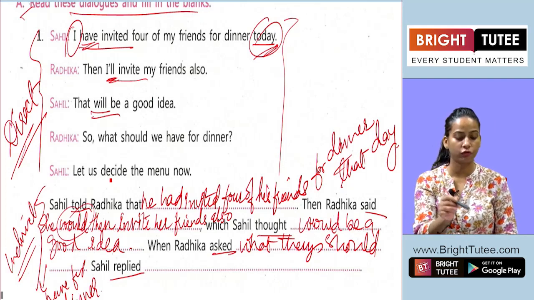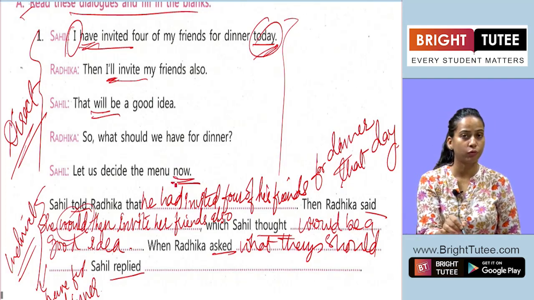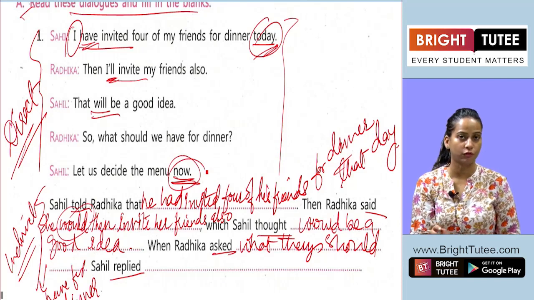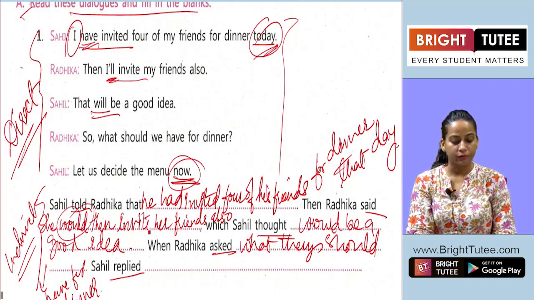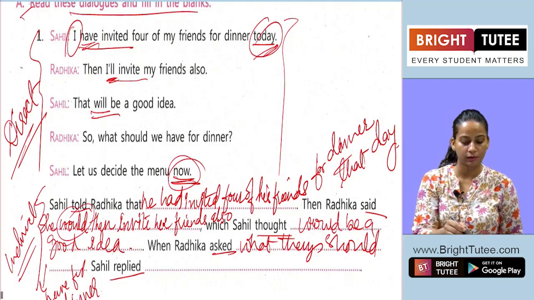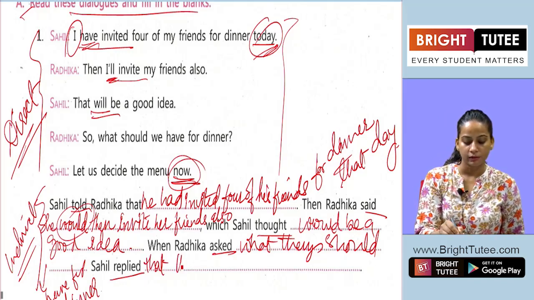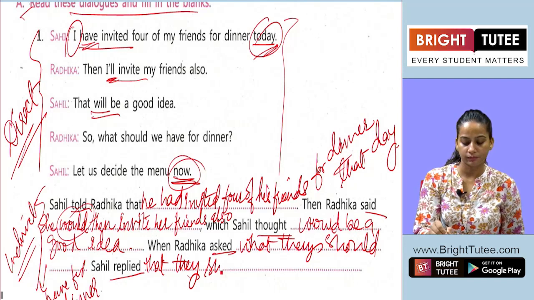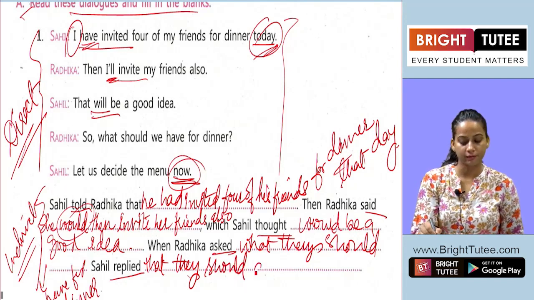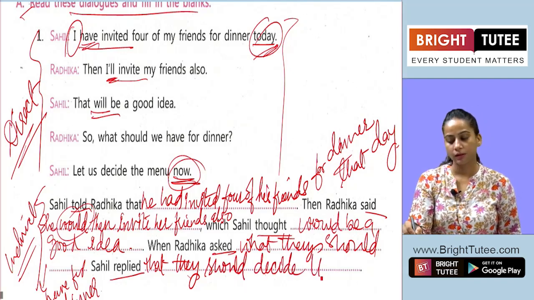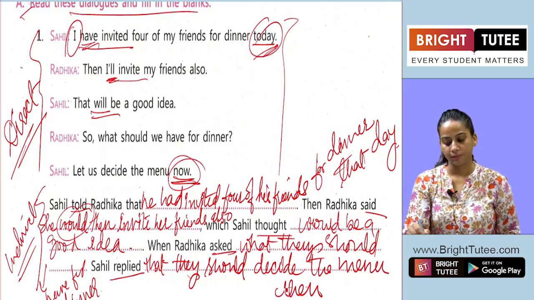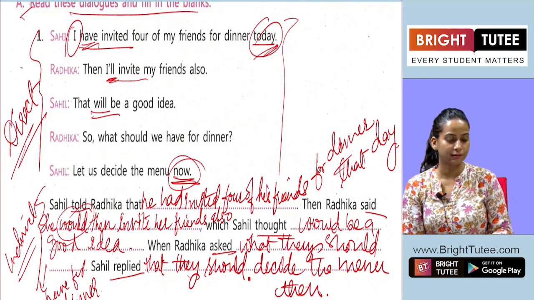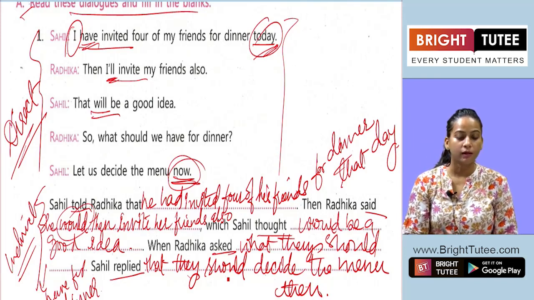And here we have to pay focus that this "now" we have to change accordingly. Clear? So that will be Sahil replied that they should decide the menu then. Clear?